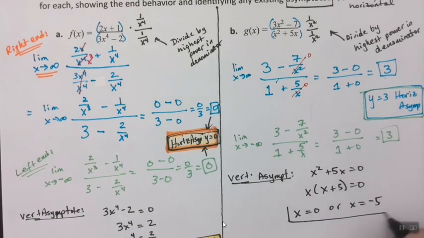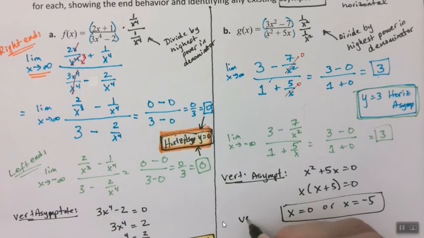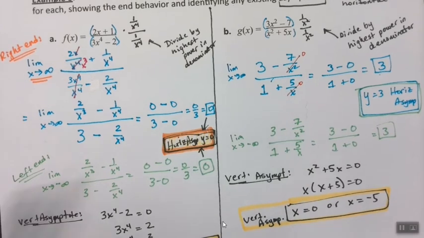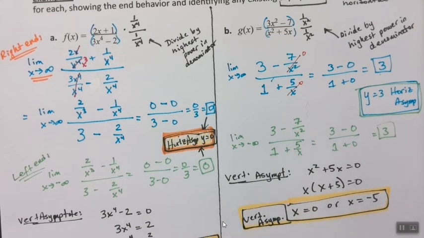So those two are my vertical asymptotes, or VAs if you want to call them that. All right, so I have vertical asymptotes at 0 and 5, or negative 5, excuse me. And I have a horizontal asymptote at 3.